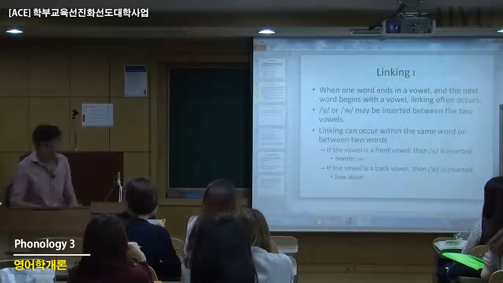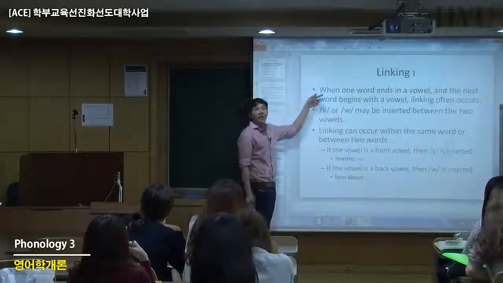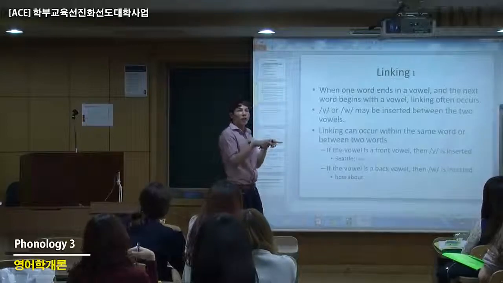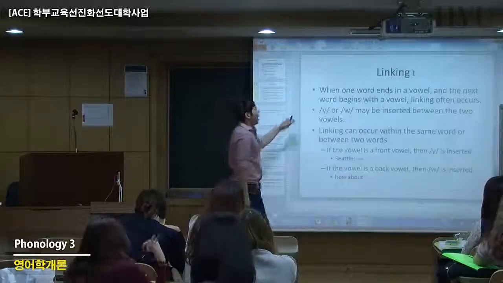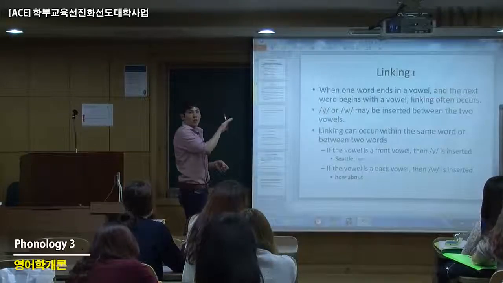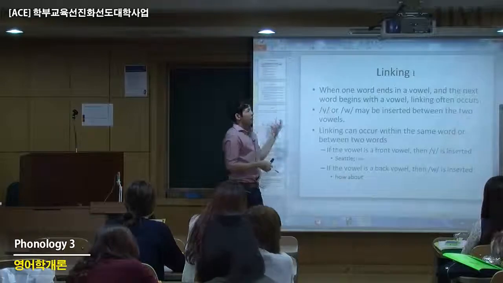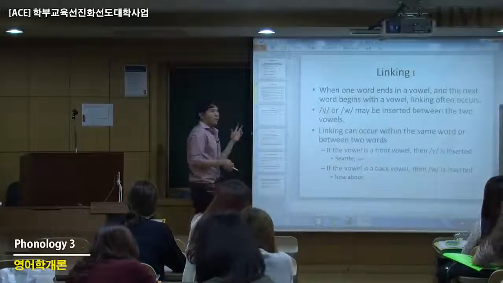Okay. So the next process is linking. Linking is when you join two sounds together. When one word ends in a vowel, we talk about a vowel ending first, and the next word begins with a vowel, then linking often occurs.